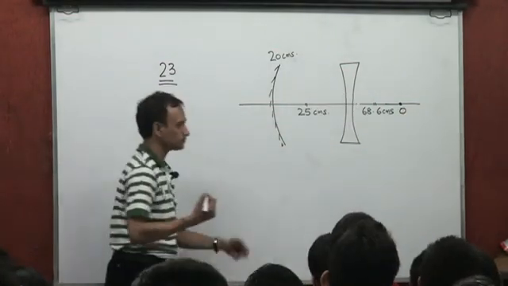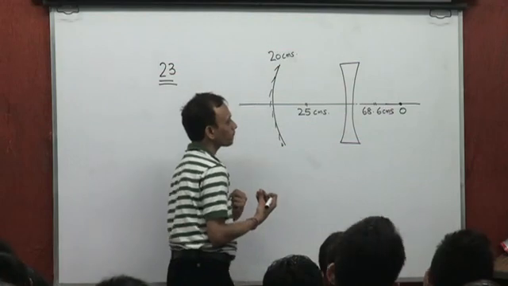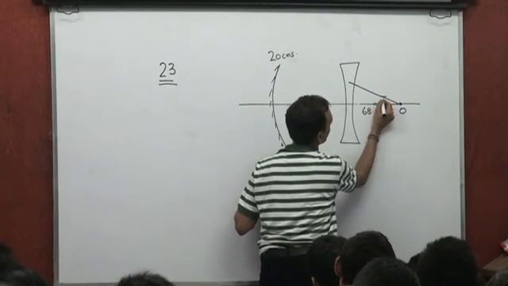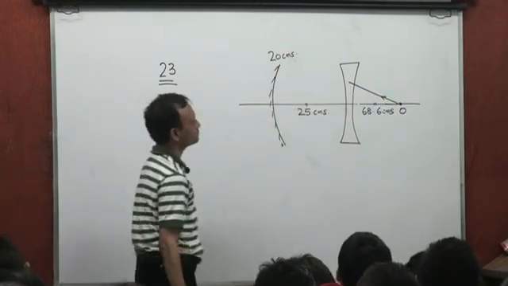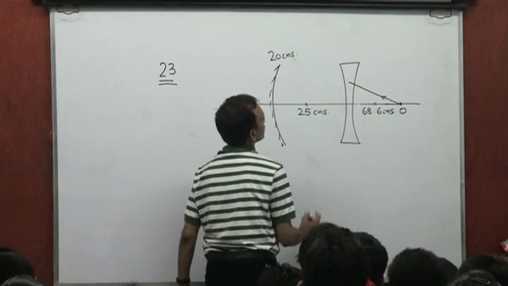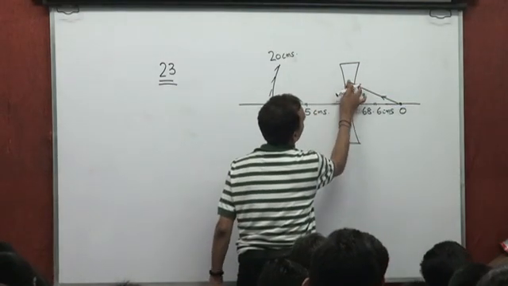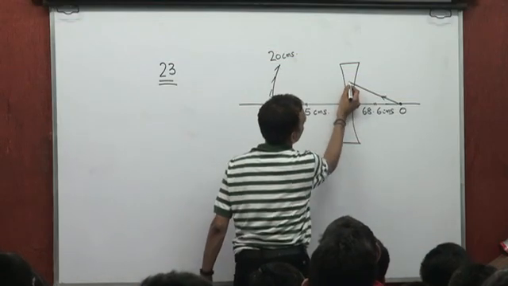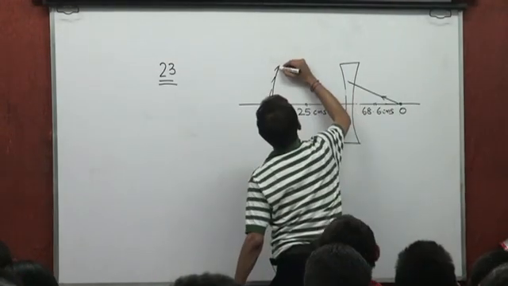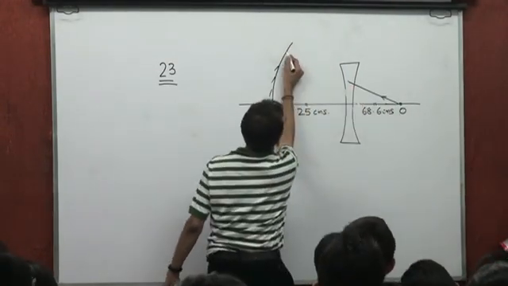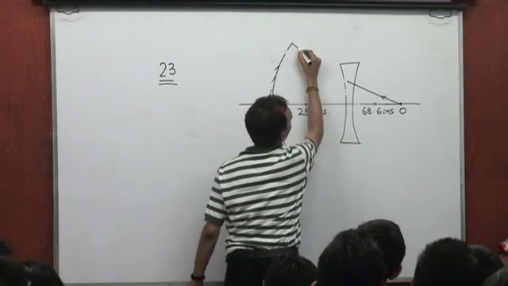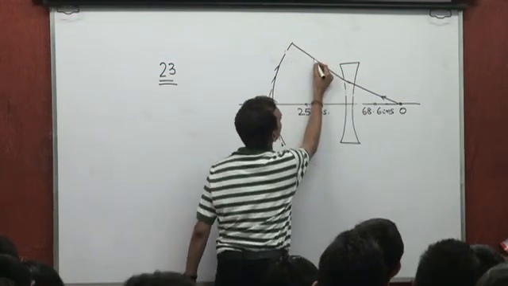Okay. Again, the idea is simple. Rays of light that start from O get refracted from the lens.